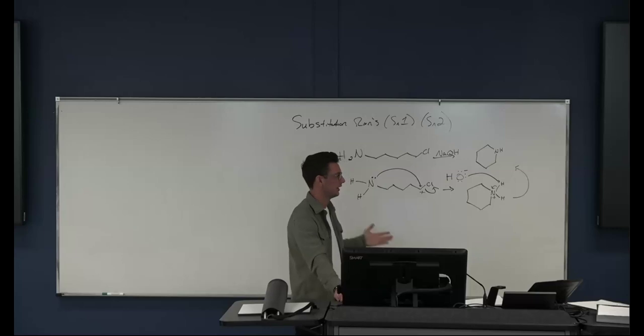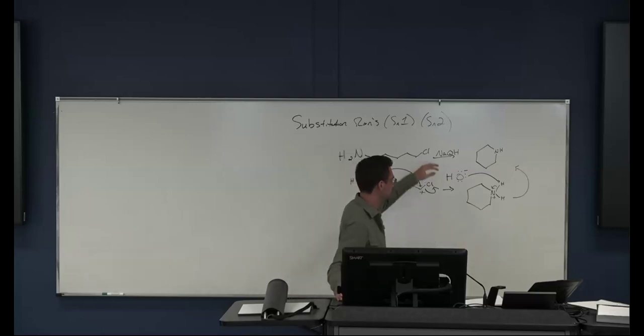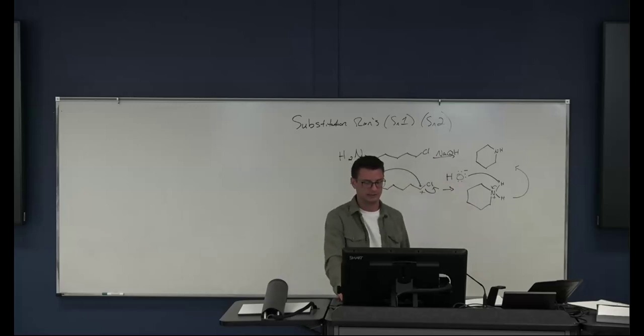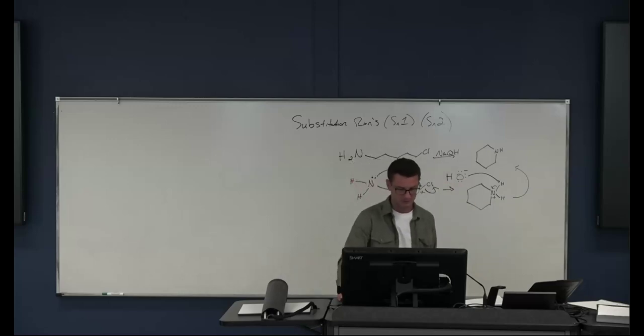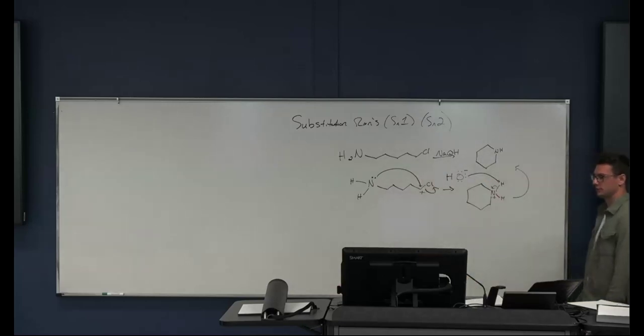And if you have an extra hydrogen on the species, you're going to tend to have a base come in and take care of that. Let me move my head out of the way so that you can see the overall reaction mechanism, because that's important. You can take a picture of that if you'd like.